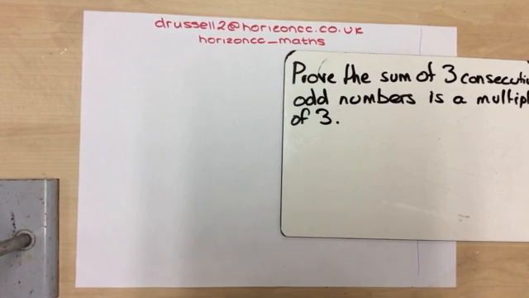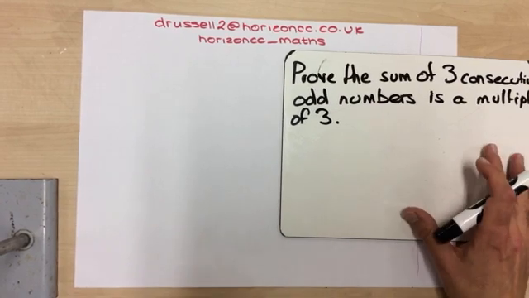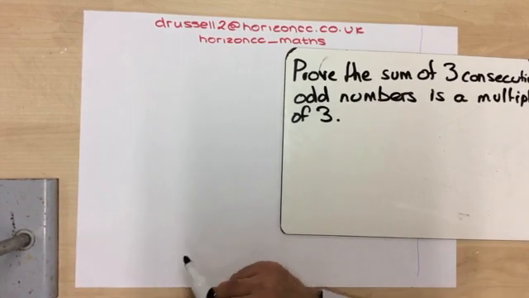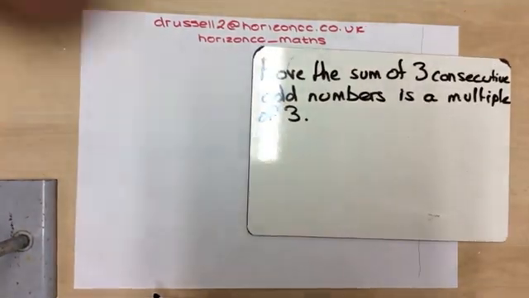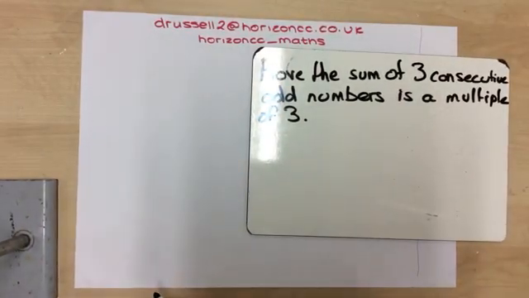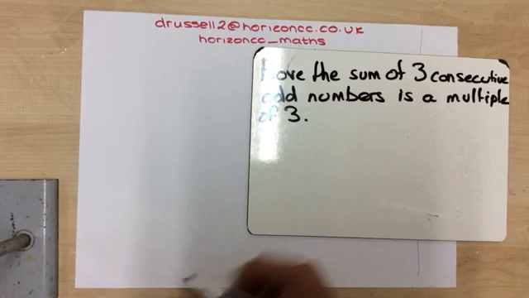Good call, Isabel. So, prove the sum of 3 consecutive odd numbers is a multiple of 3. Firstly, we're going to define our odd number. All even numbers can be represented by 2n.